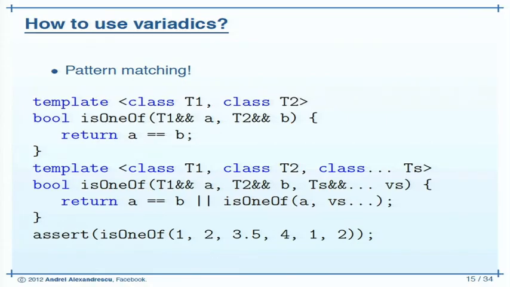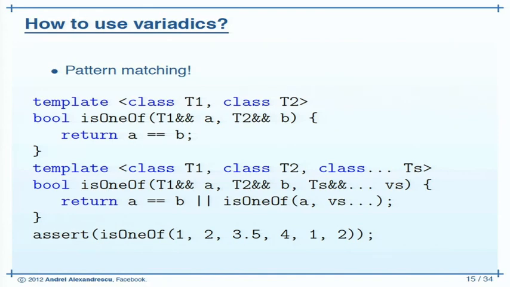In the first case, is_one_of A, B returns true if A equals B. The second is more interesting because it takes T1, T2, and some more other types, and it takes A, B, and some more other values. Then it returns A equals B, which is the head comparison, and then ORs with a recursion to itself: is_one_of A, and then passes the tail of the arguments.